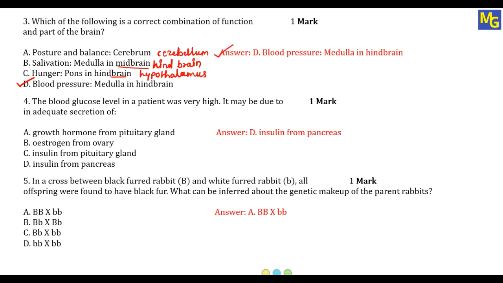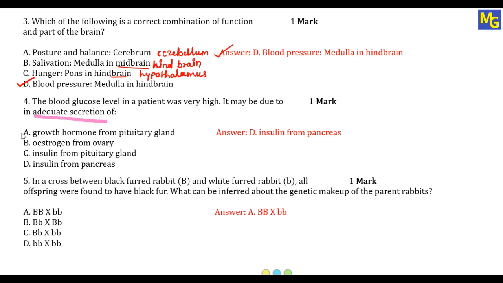Question number 4 says the blood glucose level in a patient was very high. It may be due to inadequate secretion of what? We have to tell the correct option.